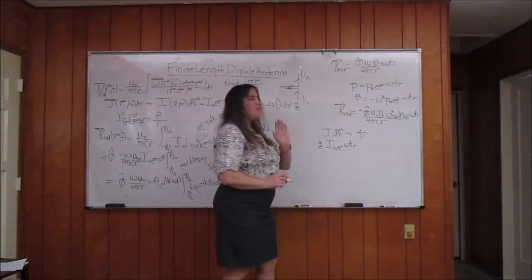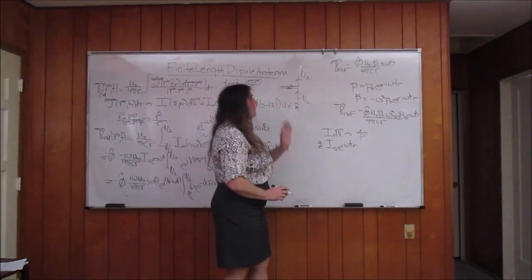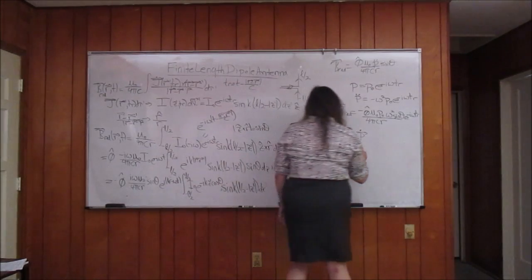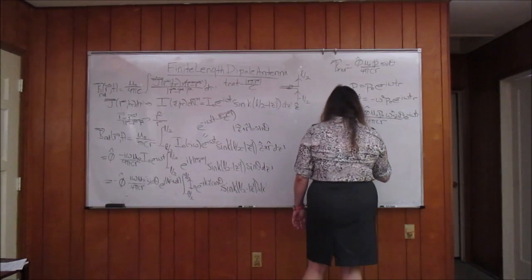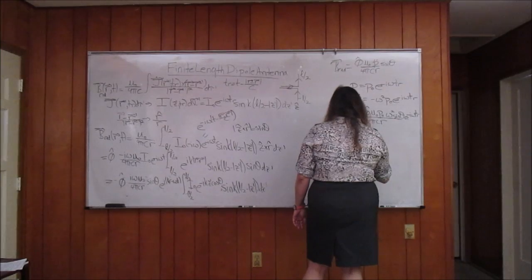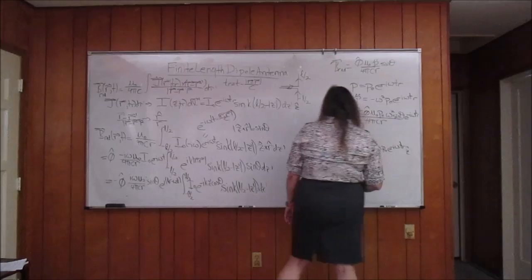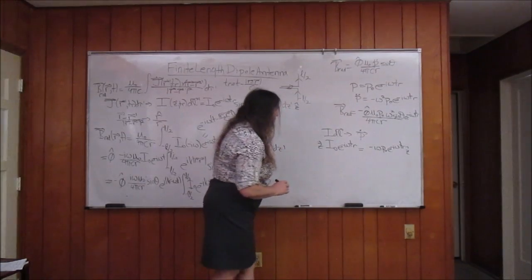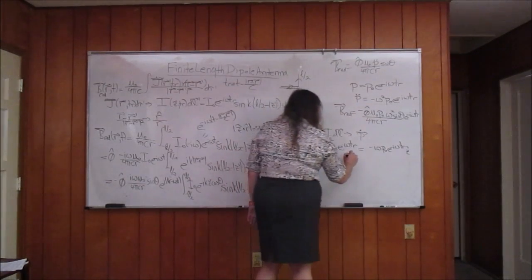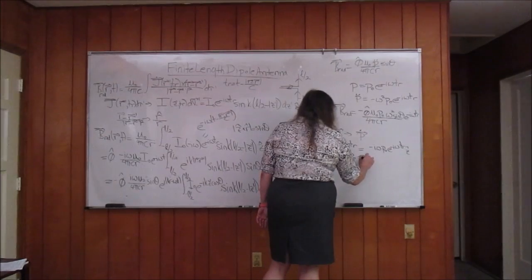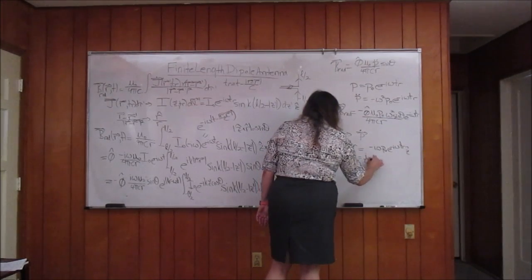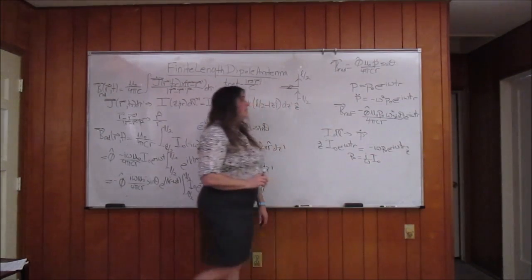Remember, we've always oriented our dipoles such that they lie along the z-axis. So basically, p naught is equal to I over omega I naught.